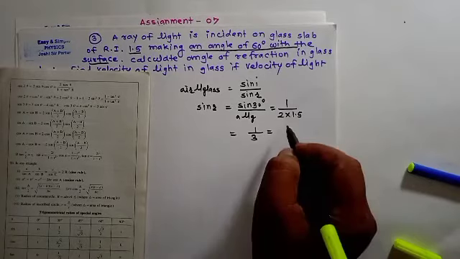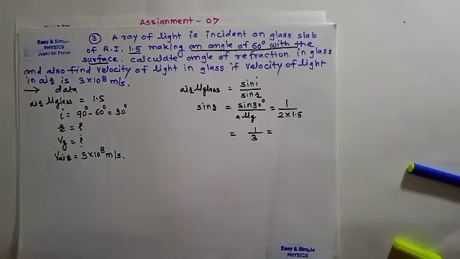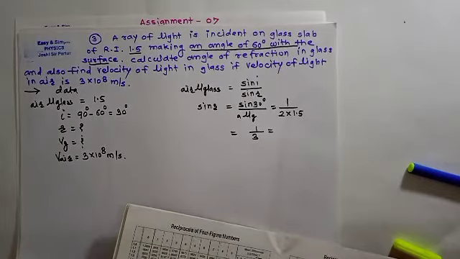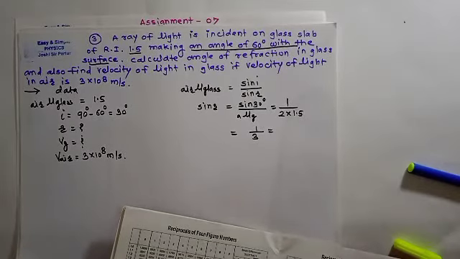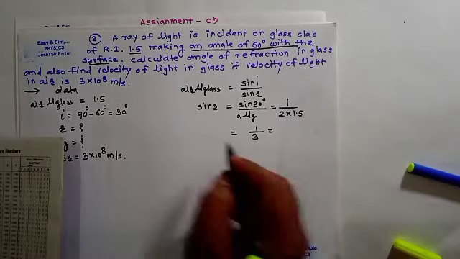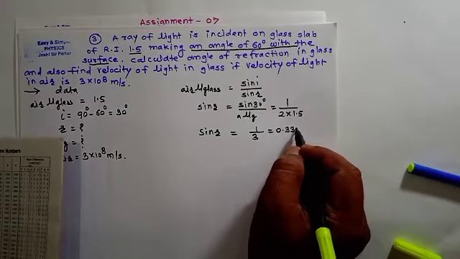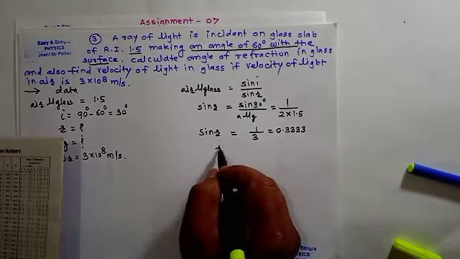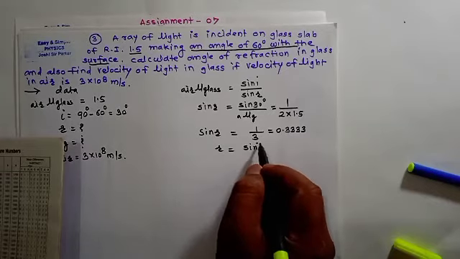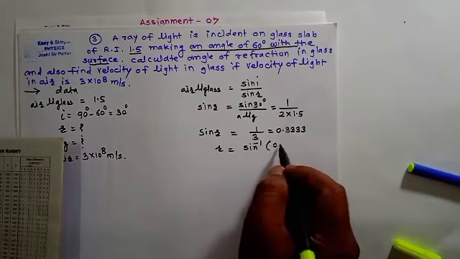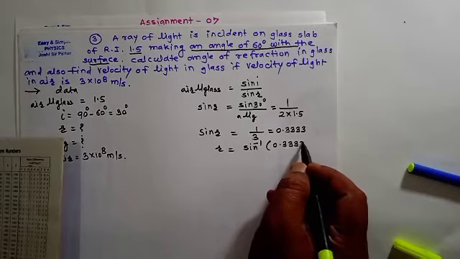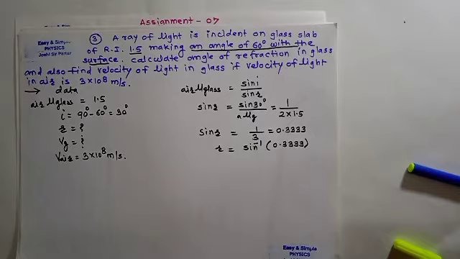If we take the reciprocal of 3.0, it is 0.3333. So sine of r is equal to 0.3333, which means r is equal to sine inverse of 0.3333. Using the natural sine table we can find the angle.